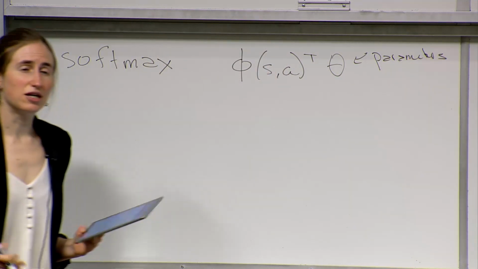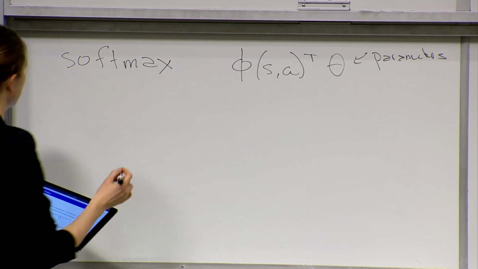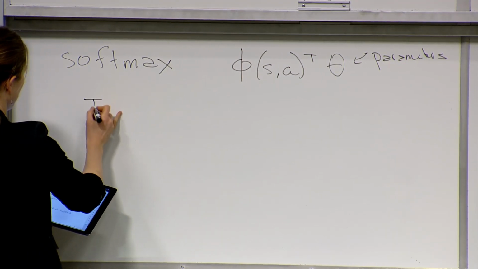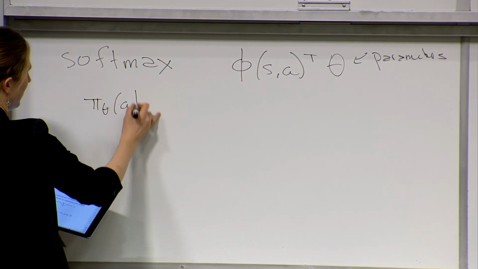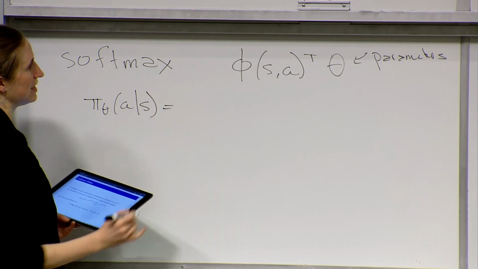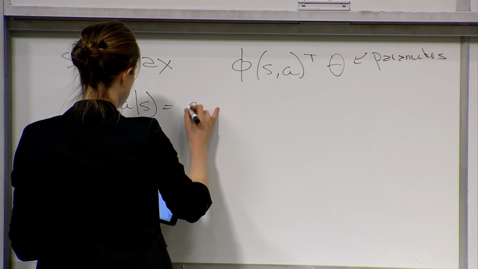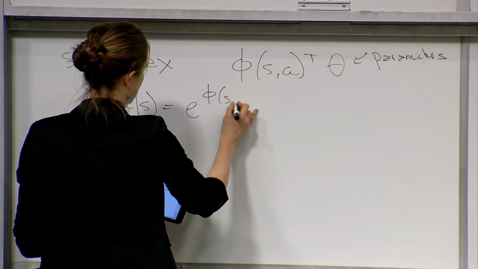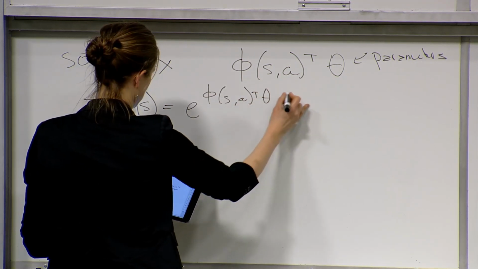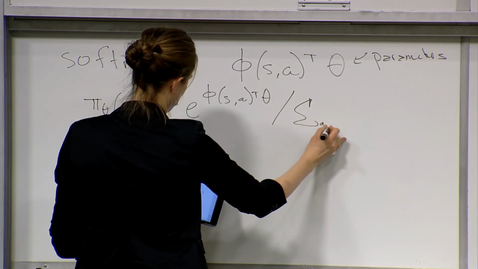And then to actually get a probability of taking an action, so if we want our policy to say what is the probability of an action given a state, we're going to take the exponential of these weighted features. So we have e to the phi transpose theta, divided by the sum over all actions.